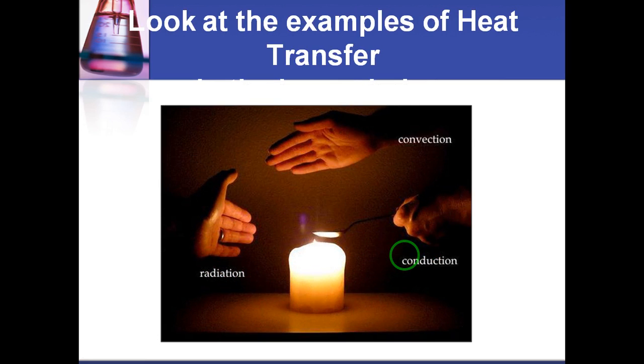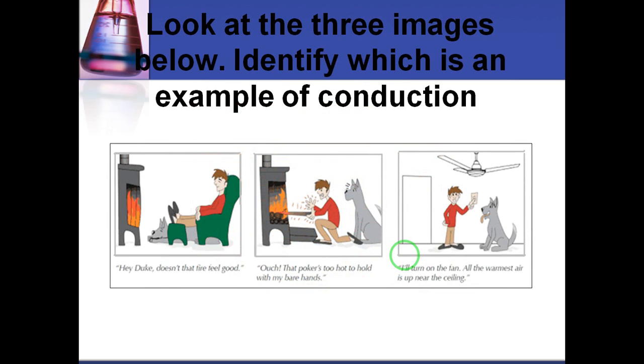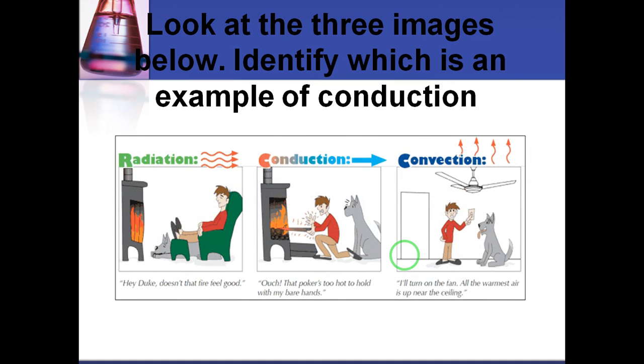Look at the examples of heat transfer. So there's convection, there's conduction, and radiation. Look at the three images below. Identify which is an example of conduction. The first image on your left hand side is an example of radiation.